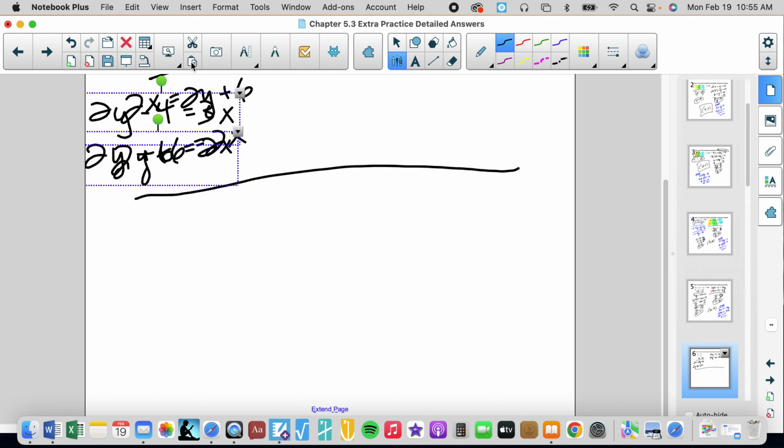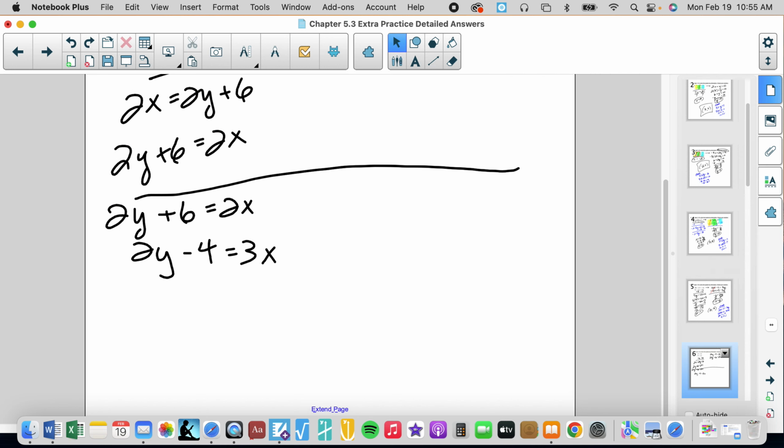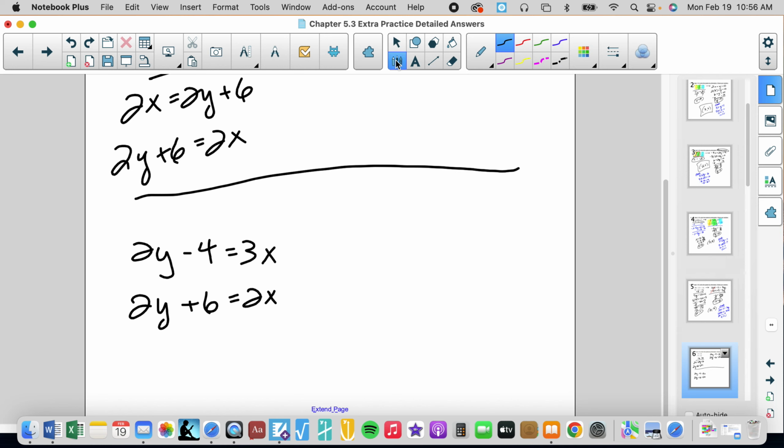I'm going to take those two equations. Now, my y's don't cancel, my x's don't cancel, so it's not good for me to add. Technically, I could subtract the two, but that's way more complex. If I want my y's to cancel, I need them to be opposite of each other.